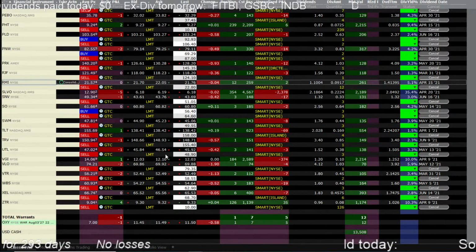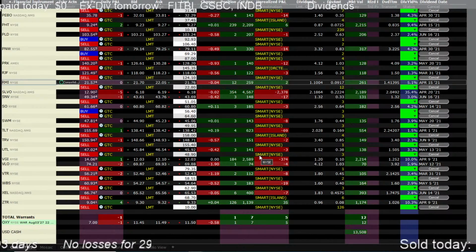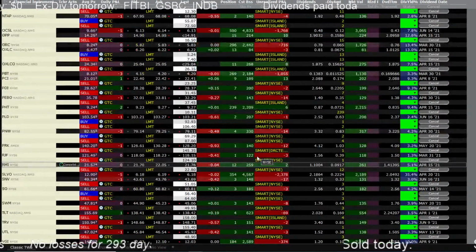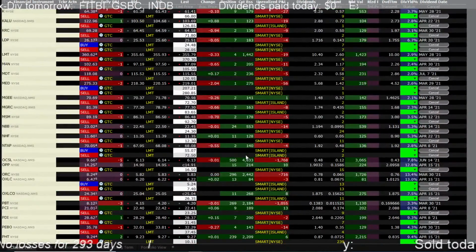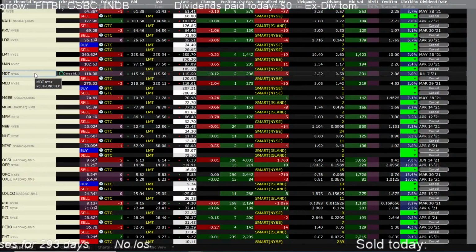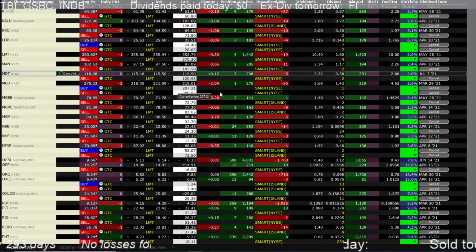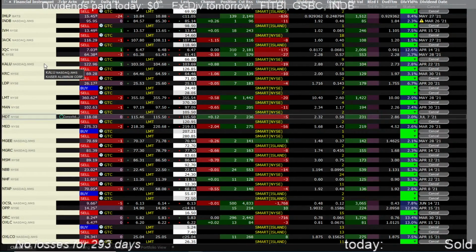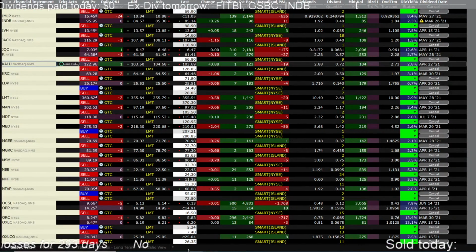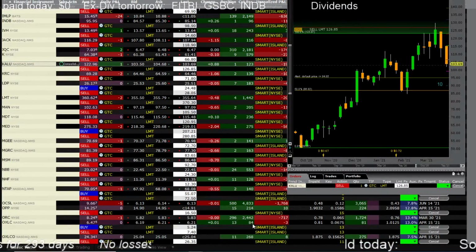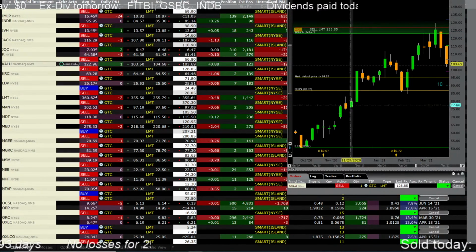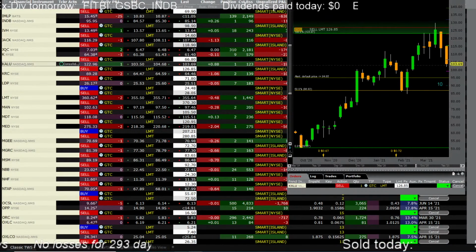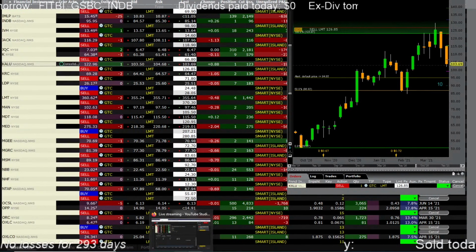You can do that with Interactive Broker, but when you're working with so many stocks and so many portfolios, it's just easier to let them age and then go back in there and reassign the GTC, good till cancel order, and just let it float around. But you can see a lot of stuff coming down, a little bit of profit taking, if you want to call it that.